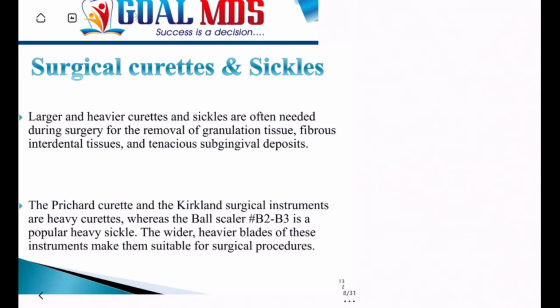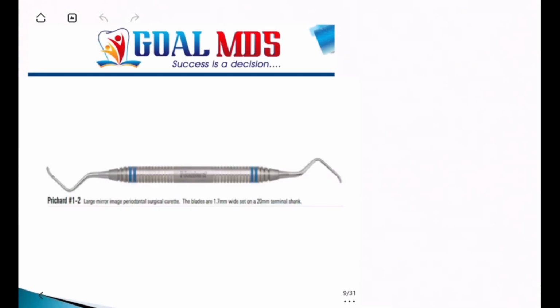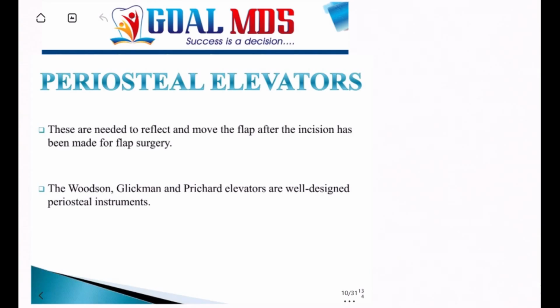Surgical curettes and sickles are larger, heavier curettes and sickles for the removal of granulation tissue, fibrous interdental tissue and tenacious deposits. Periosteal elevators are needed to reflect and move the flap after the incision has been made for flap surgery.